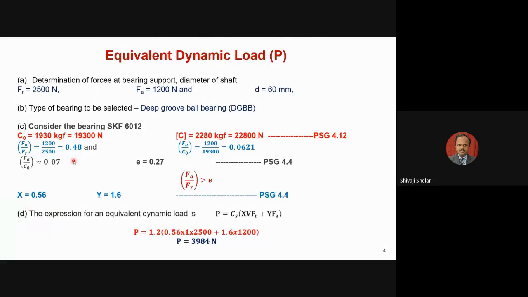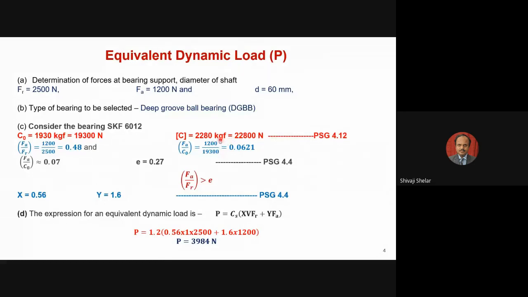Okay, so we have selected the bearing having designation 6012, and for this bearing the C naught value is 1930 kgf, that is 19300 Newton. Just multiply by 10. Then the value in the table here is the design or maximum value. That's why I put the dynamic capacity, capital C, in square brackets here, which is given there as 2280 kgf.